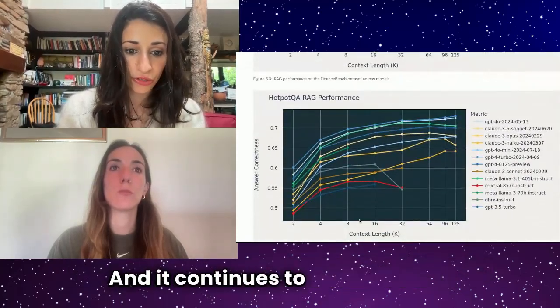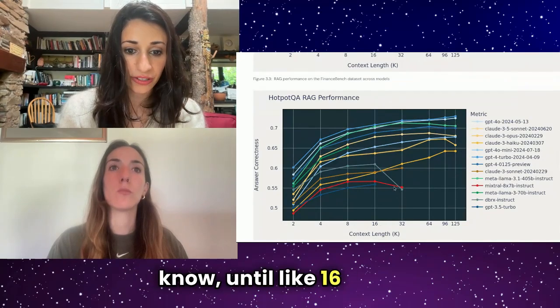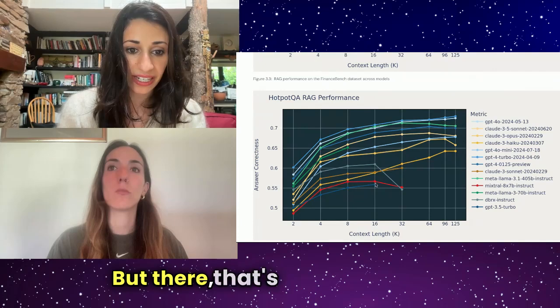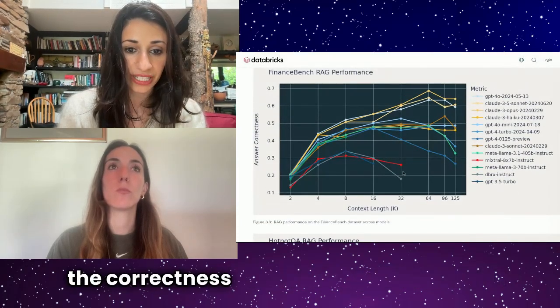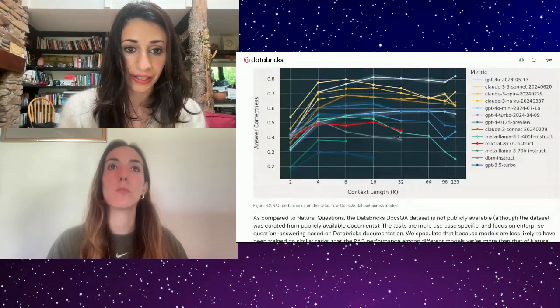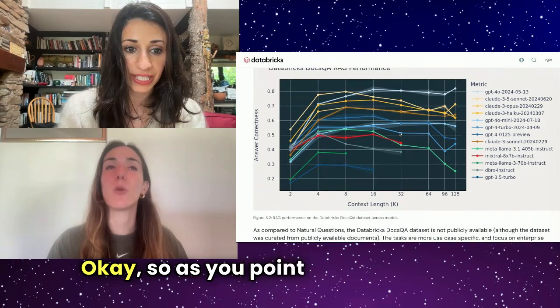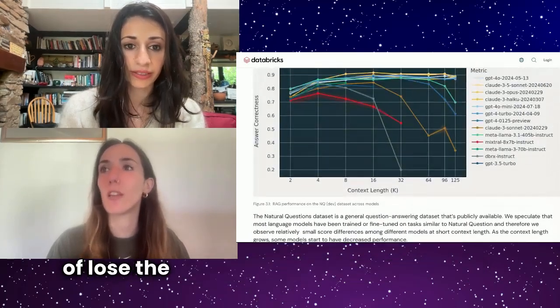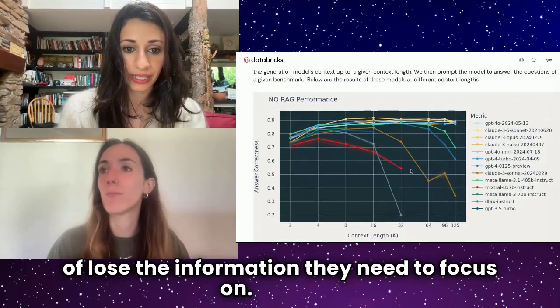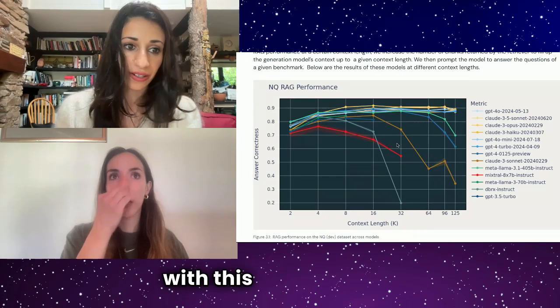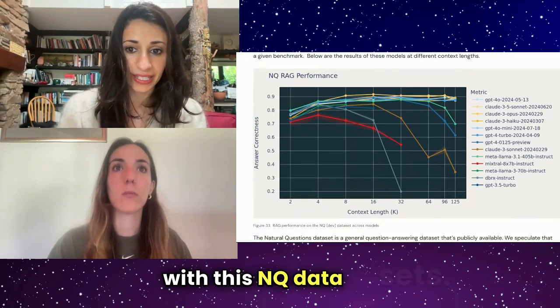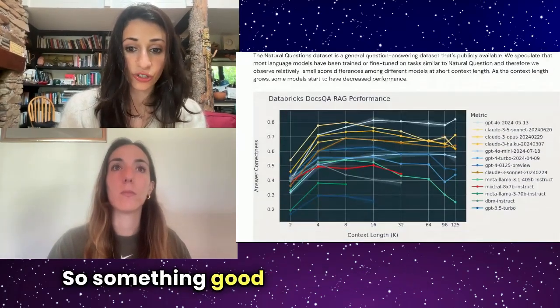And it continues to increase until 16 to 32. But that's where you start having an inflection point where the correctness starts really decreasing. Okay, so after that point, it seems that they kind of lose the information they need to focus on. Exactly. Especially here, it's quite dramatic with this NQ dataset.